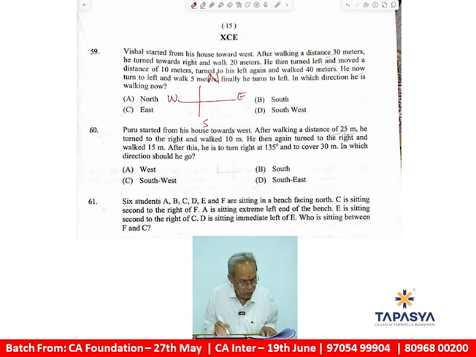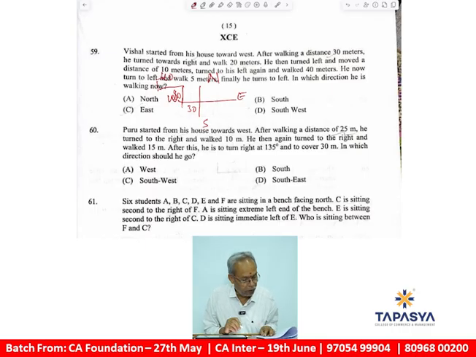After walking 30 meters, he turned to the right, and again he moved 20 meters. Again he turned left and moved 10 meters. Then again he turned and walked 40 meters.